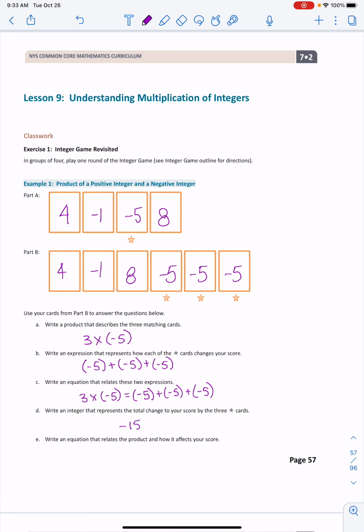It says, write an equation that relates the product and how it affects your score. Well, 3 times -15. Sorry, I did that in class. 3 times -5 would then equal -15.